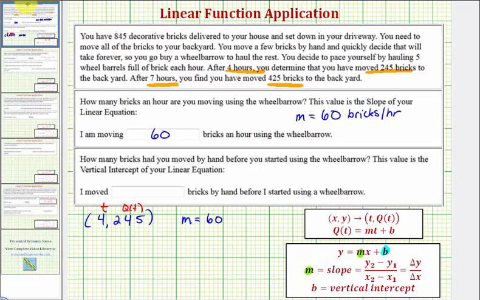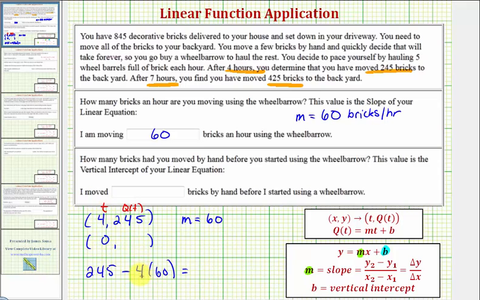So if our goal is to determine the number of bricks moved when time equals 0, or before you started using the wheelbarrow, we could take the amount moved at 4 hours, 245, and subtract 4 times 60 to determine how many bricks moved at time 0.